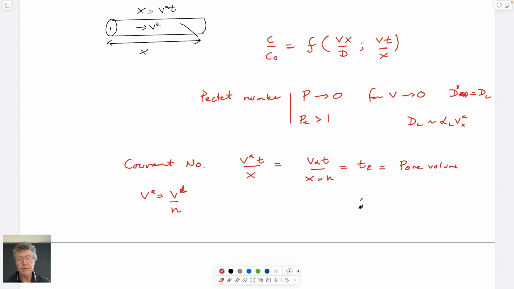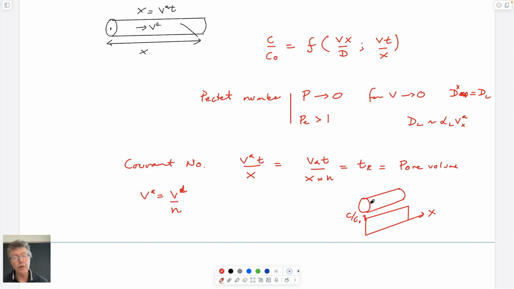If you think of our system as one where the concentration has been taken downstream so that it looks like this, this is C over C0, this is X. The pore volume of the core will be the volume of the core multiplied by its porosity.